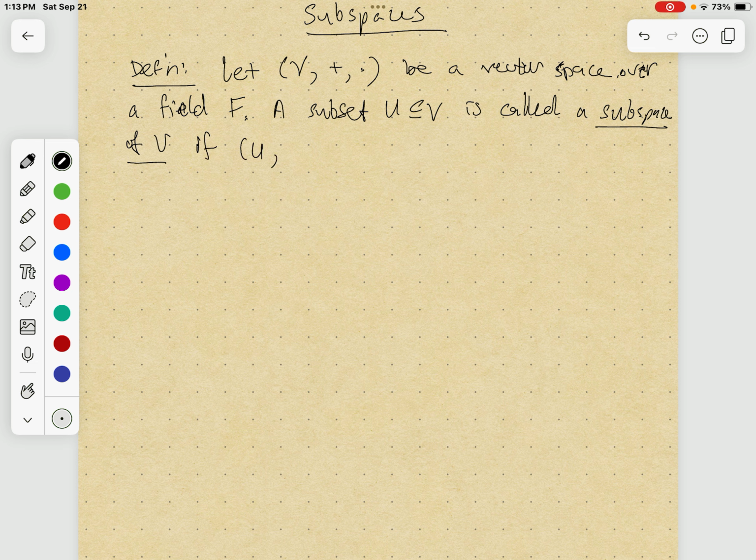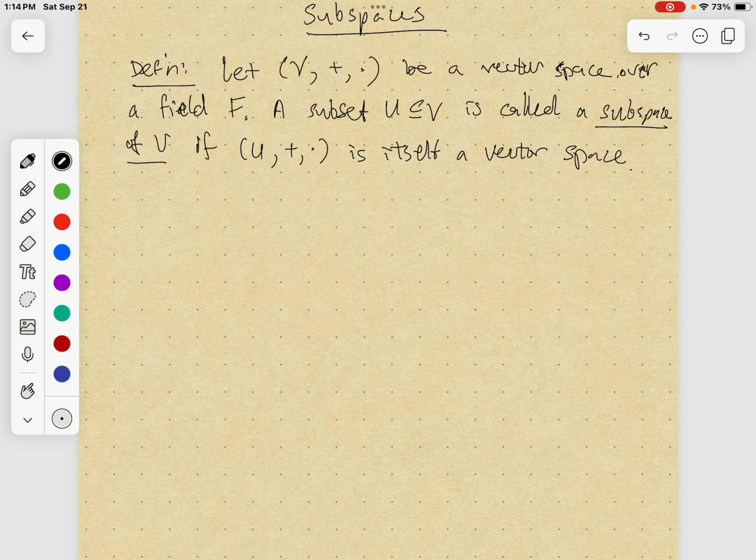if (U, +, ·) is itself a vector space. Let's explain what's going on. You have some vector space V, and you have some subset U. The elements of U are in particular elements of V, because U is a subset of V. So if you have elements in U, you can add them together.